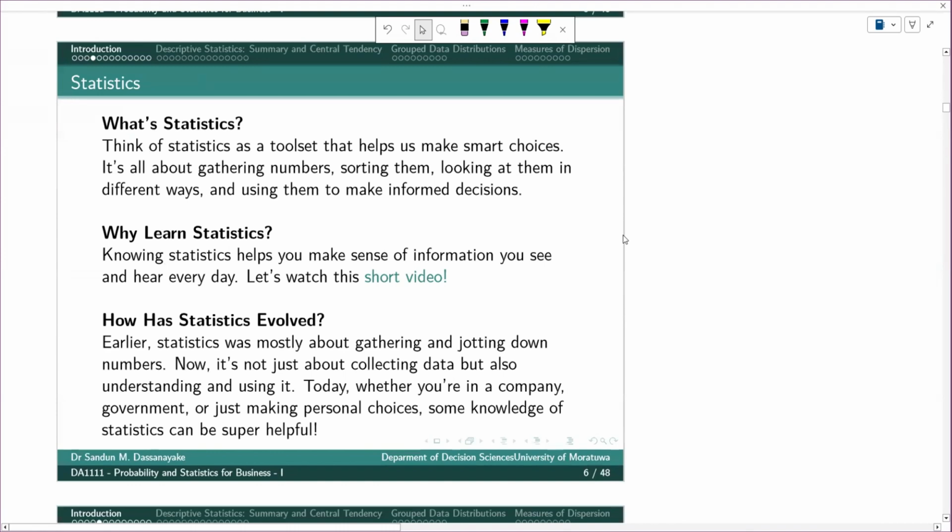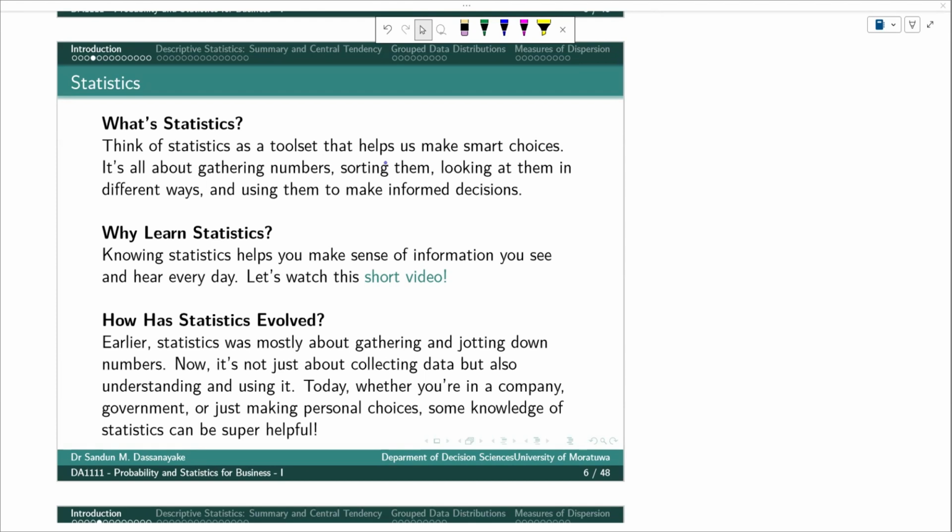Now, most of you might have an idea about statistics from your school days, or from your other classes, like if you are following SIMA or some external courses. But to bring everyone to the same page, can we have this chat? What is statistics?